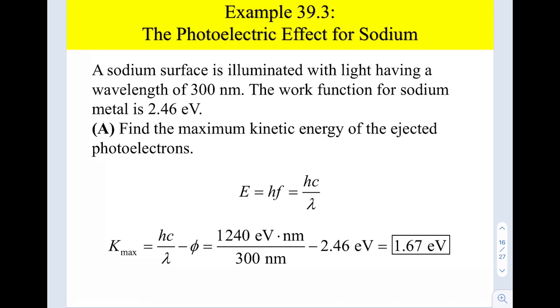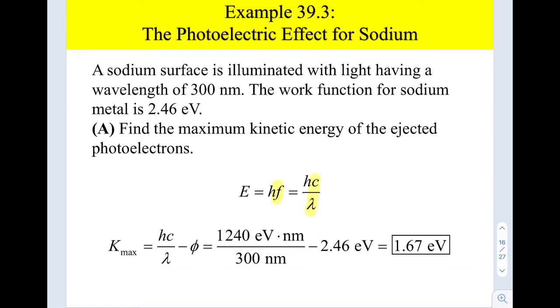Example 39.3, the photoelectric effect for sodium. A sodium surface is illuminated with light having a wavelength of 300 nanometers. The work function for sodium metal is 2.46 eV. Find the maximum kinetic energy of the ejected photoelectron. E is equivalent to hf and f is equivalent to c over lambda.